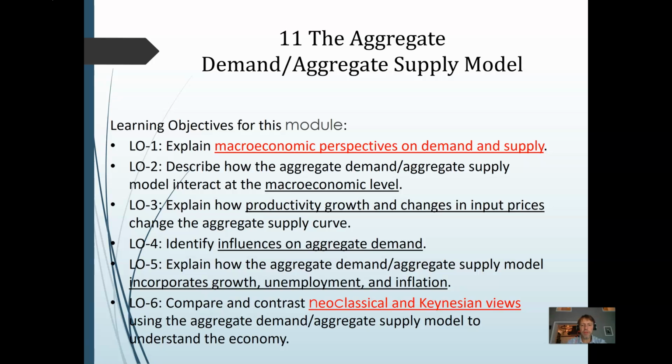And we'll talk briefly about neoclassical and Keynesian views. Keep in mind that the next two chapters are on neoclassical and Keynesian views. So 12 and 13 will pick up on those two concepts and go more in depth.